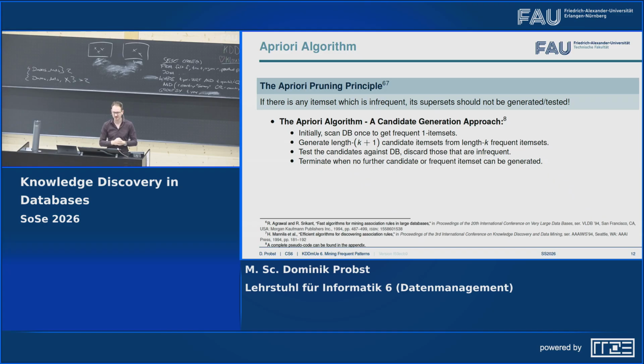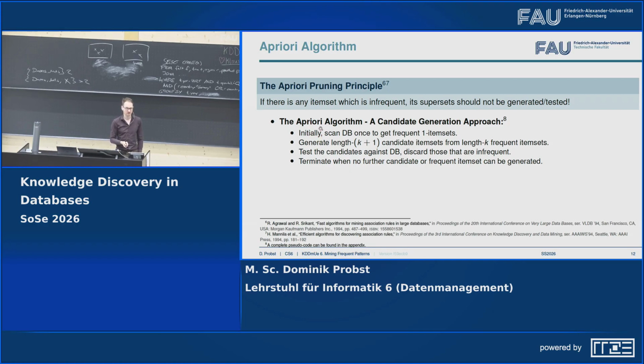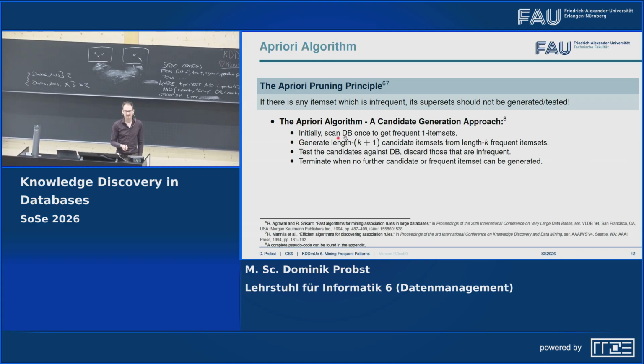Apriori is basically working in a 3-step process. First, we scan the database once to find every frequent 1 item set. How is that done? Well, we take a look at the whole database, note down every item that occurs in any transaction, and in parallel count how often a single item is present in the database.